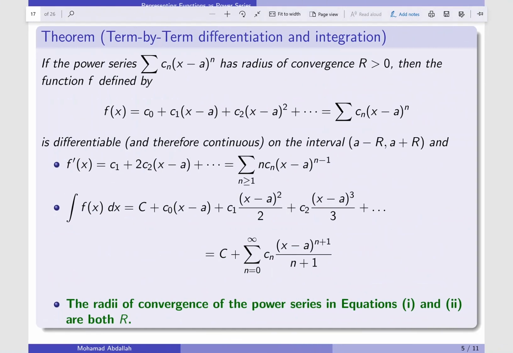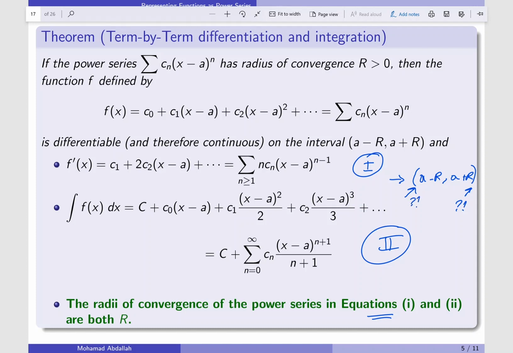This is very important. The radii of convergence of the power series in equations 1 and 2, so this is equation 1, and this is equation 2, are both r. What does this mean? This means that this converges on this interval, but for the endpoints, I don't know.